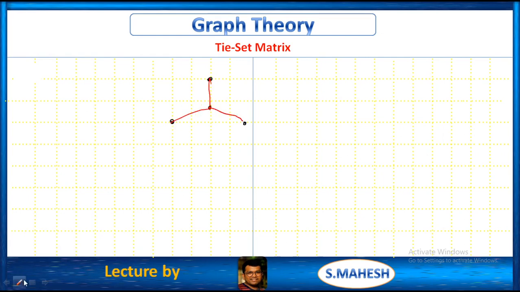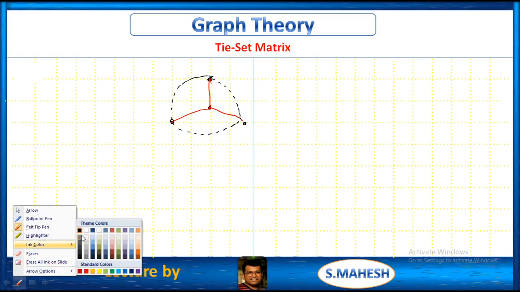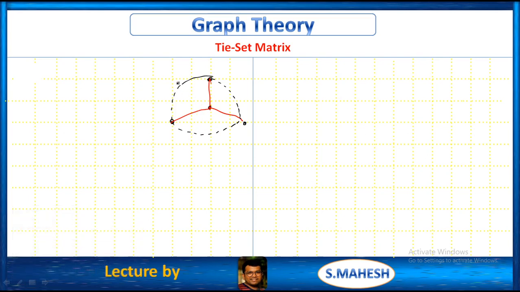this is the tree. Given direction is what? This is like this, this is like this, this is like this.